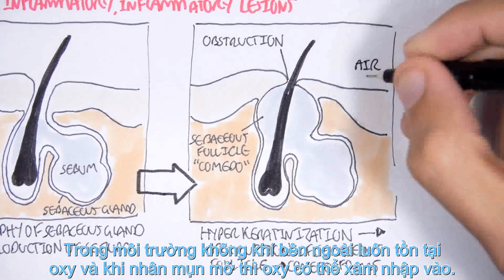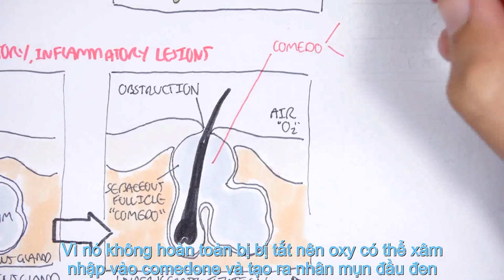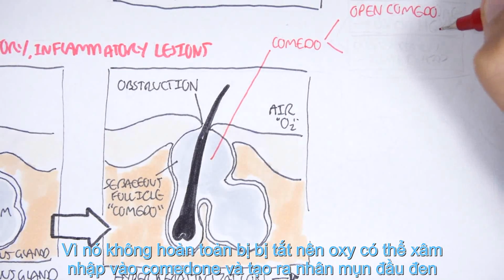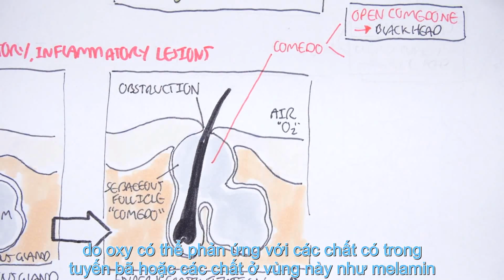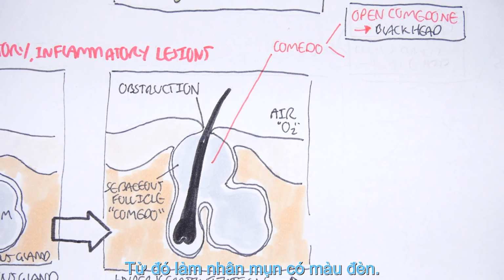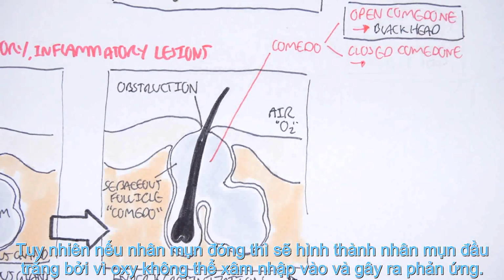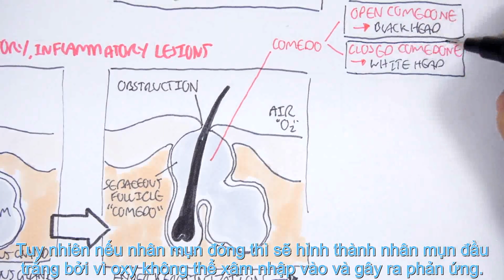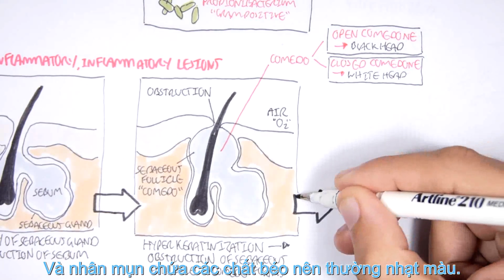Well, when the komedo is open, meaning some oxygen can come in, so it's not fully obstructed, the open komedo will form into a blackhead because the oxygen can react with a substance within the sebum or within this area, the melanin, causing the blackening of the komedo. But if the komedo is closed, this will form a whitehead because there's no oxygen that can react. And the oily fatty komedo is usually pale in color.